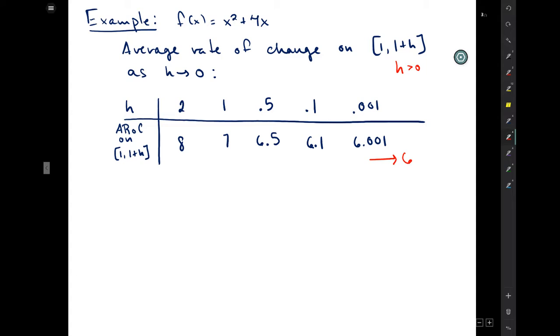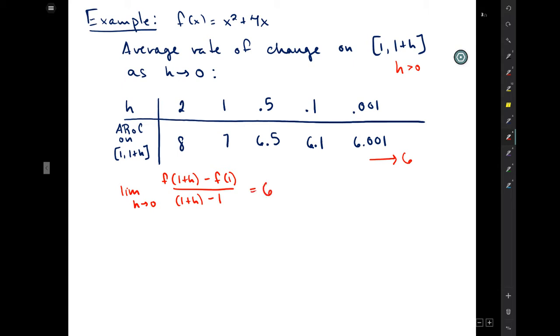So what it looks like we computed is that the limit as h goes to 0 of f of 1 plus h minus f of 1, that's what we kept on computing on the other slide, over 1 plus h minus 1, this looks like it goes to 6.